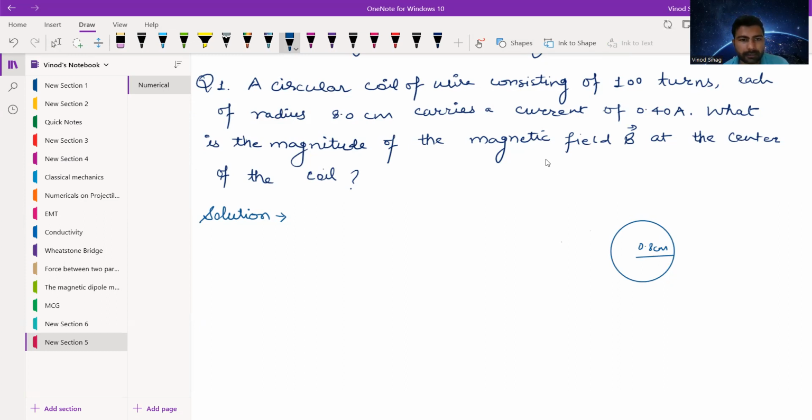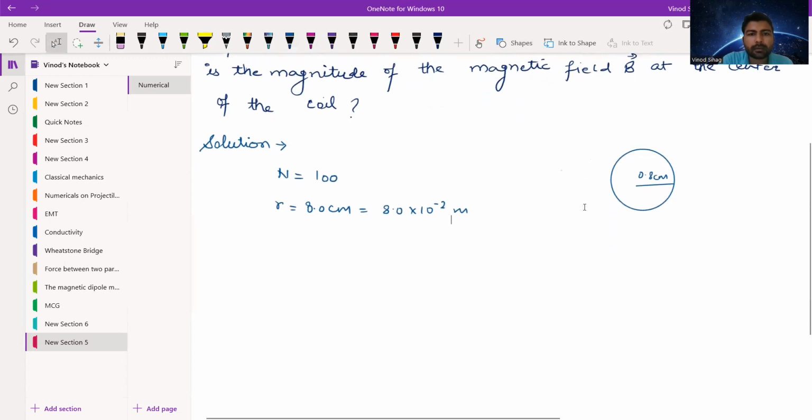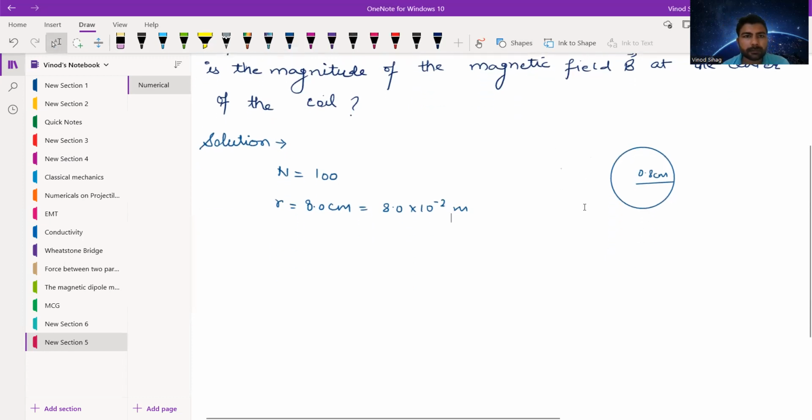So let me write here the number of turns is n equals 100 turns, and the radius is 8.0 centimeter. So it can be written as 8.0 into 10 to the power minus 2 meter. And the current which is flowing through the circular loop is I equals 0.40 ampere.